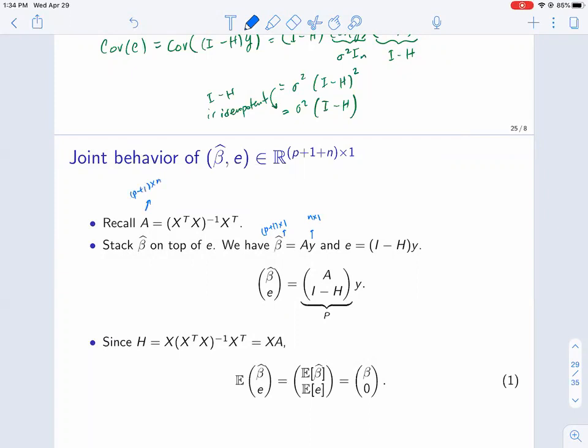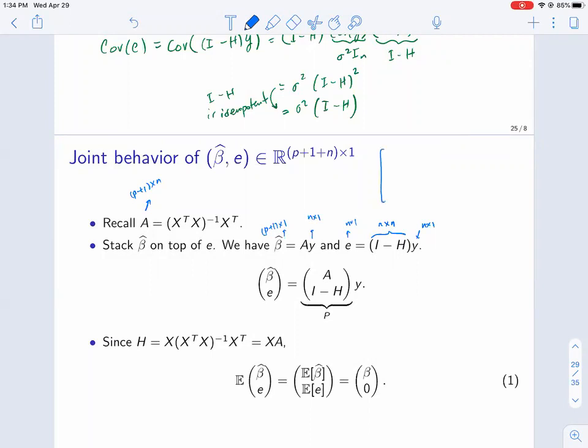So how about the dimensions of I minus H? This is N by 1, and this is also N by 1. I assume that you said N by N. Okay, good. So now I'm going to put A here.